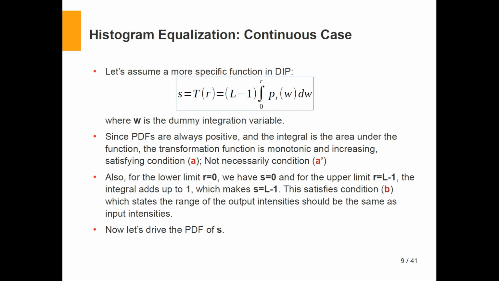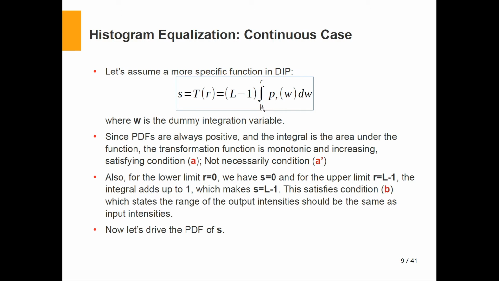Before that, let's see if this transformation function satisfies the conditions that we specified before. The first condition was that the transformation function needs to be monotonically increasing. So first of all, in this function we have L minus 1, which is a positive number, so this doesn't have any effect on the function.